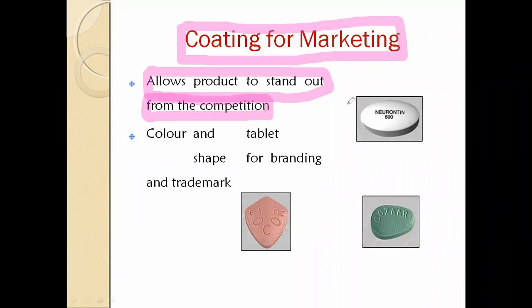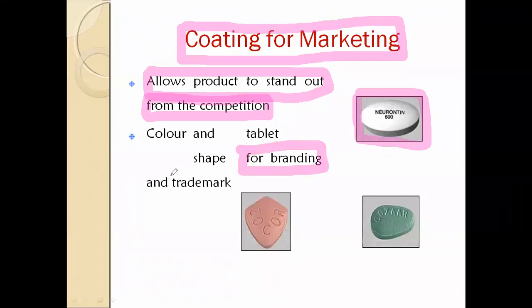Now you can see here the example of Neurontin 600, which is directly given with the help of application. You can see it is given over here. So coating will allow your product to stand out from the competitors, and the color and shape of the tablet for the branding can be easily achieved with the help of coating.